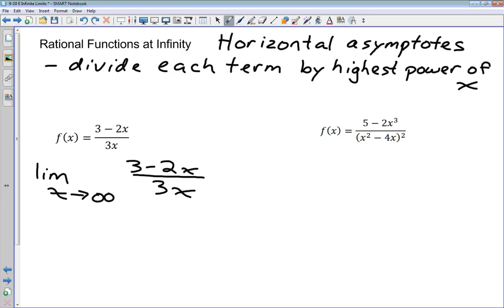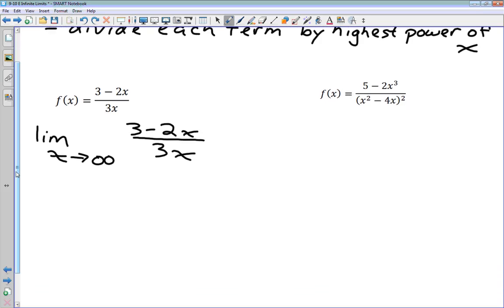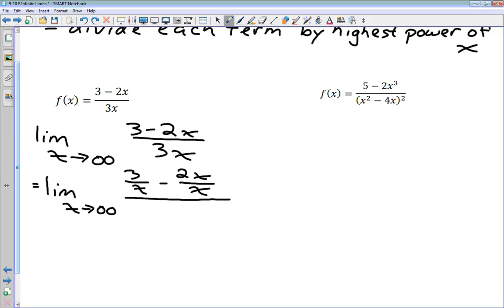So we look at our function, 3 minus 2x divided by 3x. The highest power of x that we see is just x itself. So let's take each term in there and divide it by x. We're going to get 3 over x minus 2x over x, divided by 3x over x.